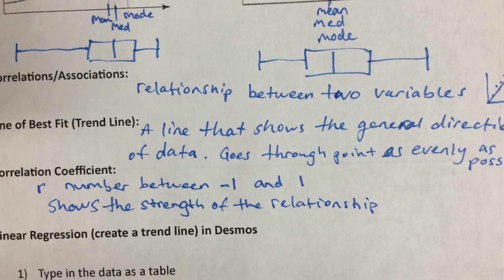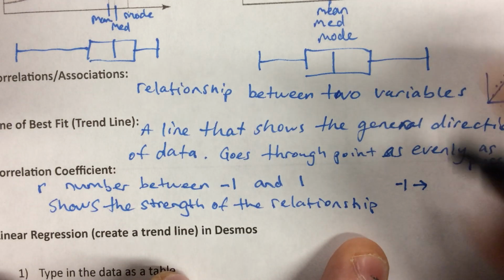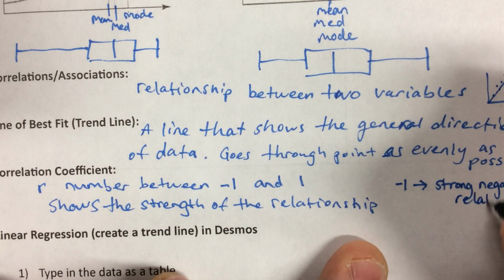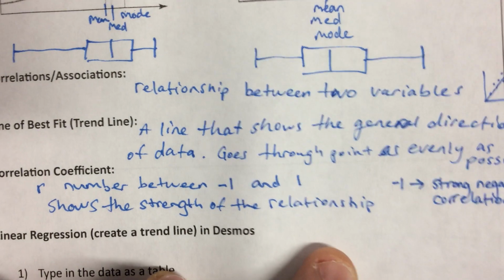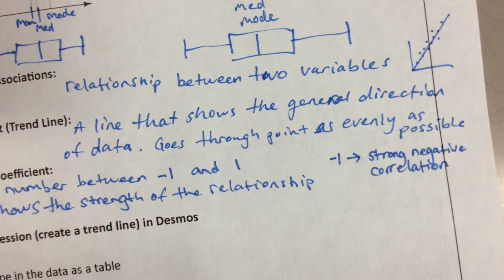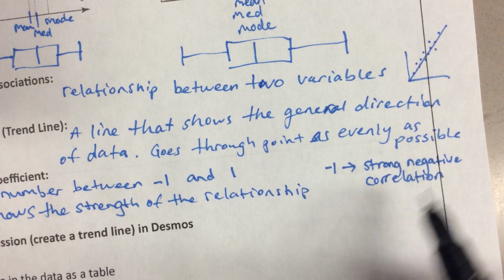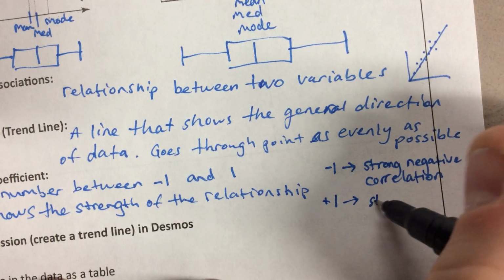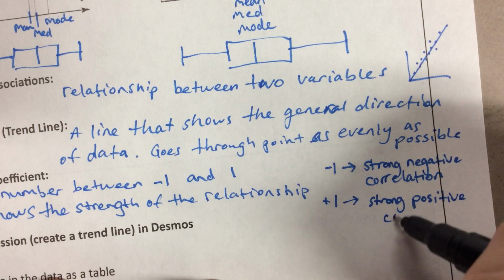If it's -1, that's a strong negative correlation. Now, negative correlation does not mean that they're not related, so please be careful. Close to +1 is going to be a strong positive correlation.